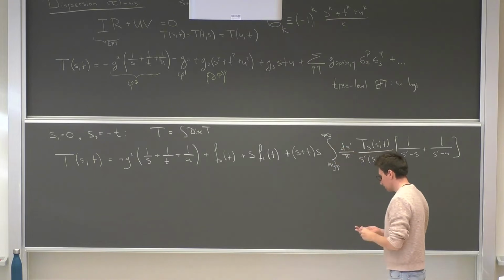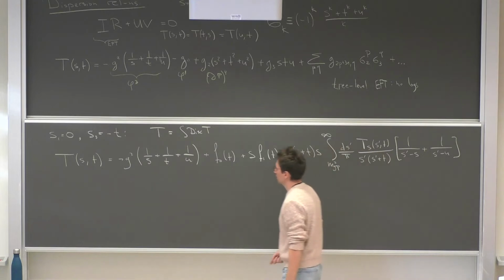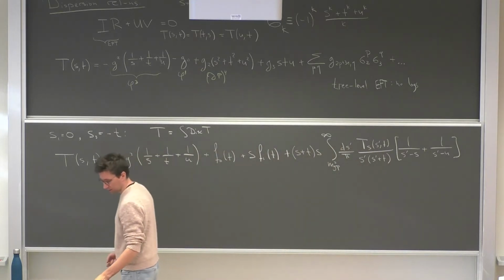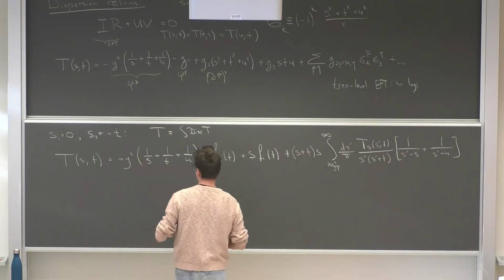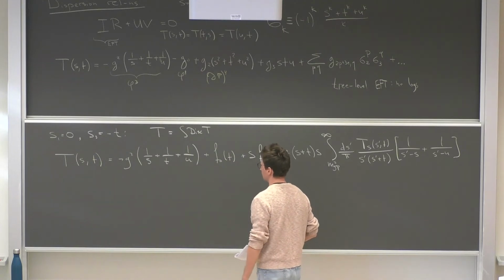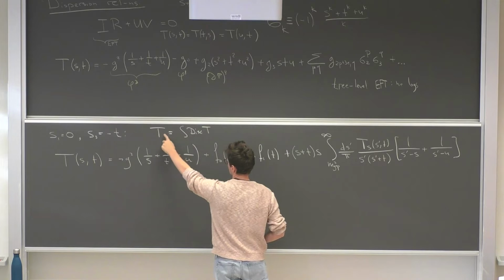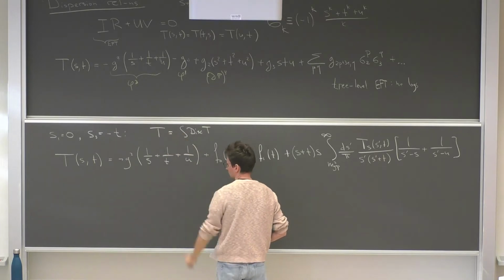So the first question that I can ask is which Wilson coefficients admit a dispersive representation. And what does it mean to admit a dispersive representation?